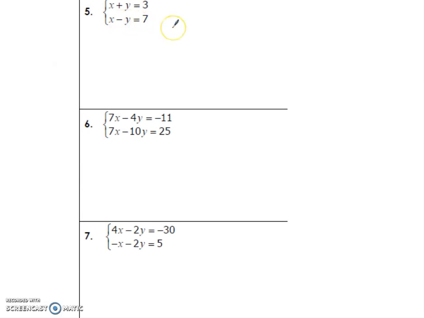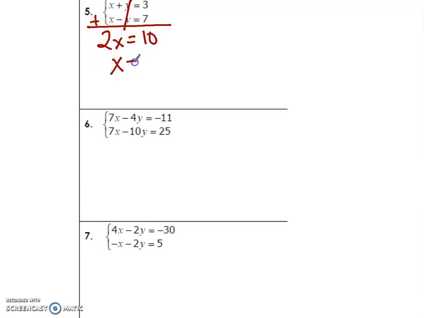Okay, so let's look at example number 5. You can add them or you can subtract them because we can get rid of x or you can get rid of y. I want to add these to show you just a different way to do it. So we get x plus x gives us 2x. Then we have y plus negative y will cancel each other out. And then we get 3 plus 7 equals 10.